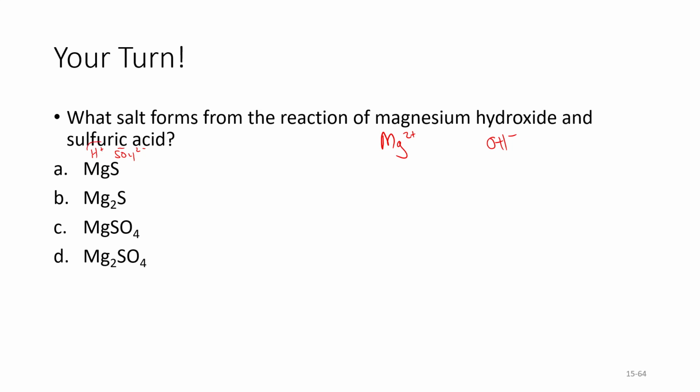So the H is going to combine with the OH to create H2O, and the Mg is going to combine with the SO4. Because we have the +2 and the -2, those are going to cancel each other out. So MgSO4 is our final answer.